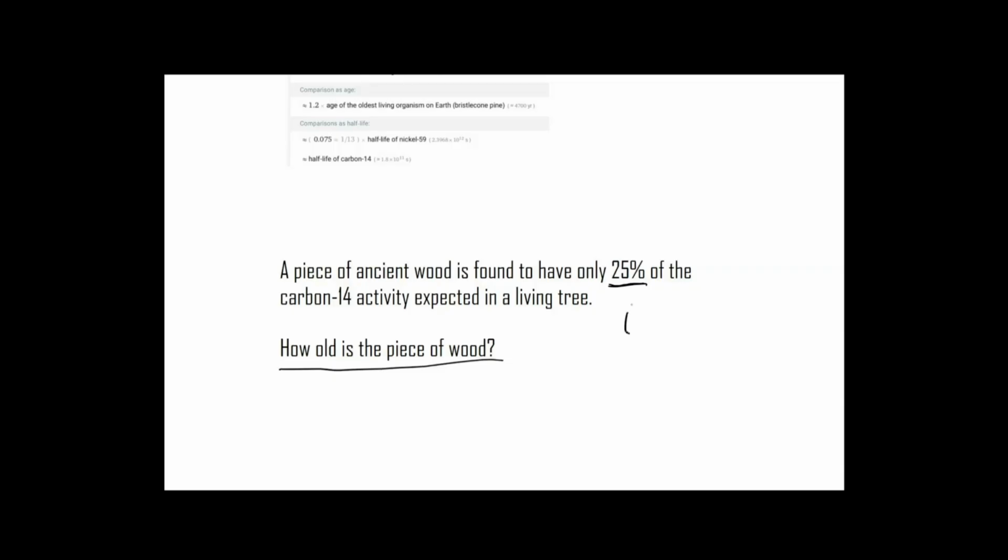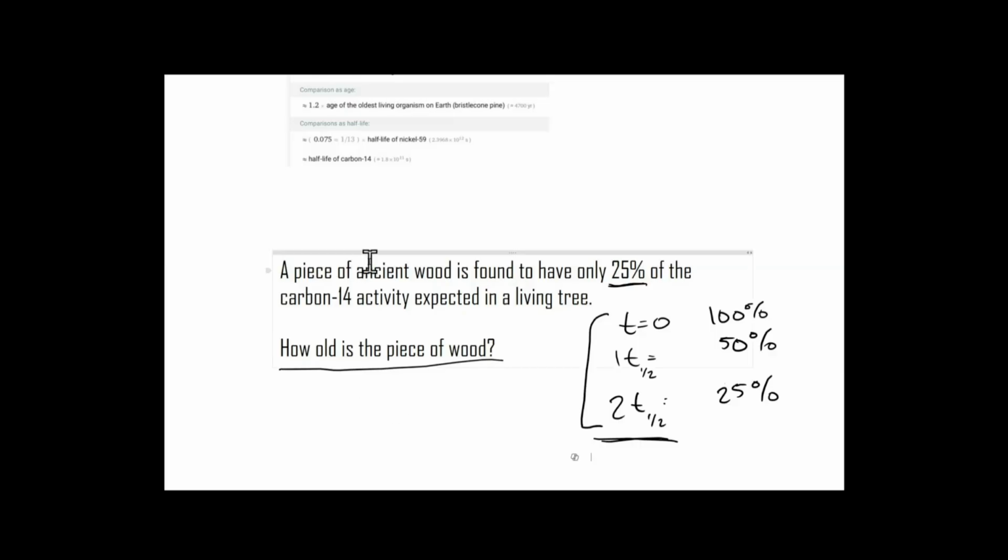Well, at time t equals 0, there was 100%. After one half-life, there would have been 50%, and after 2 half-lives, there would be 25%. So this piece of wood is 2 half-lives old, carbon-14 half-lives.